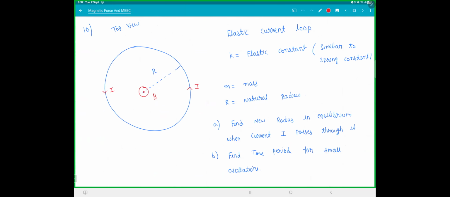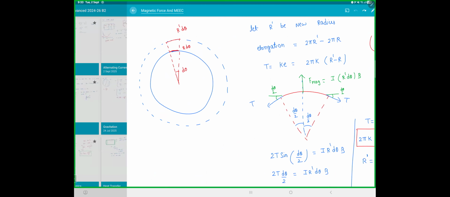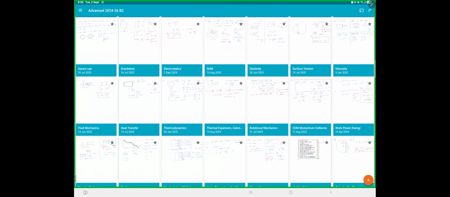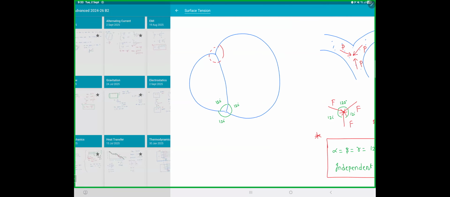There was a question where some current is going, and you saw d theta by 2. Here I also wrote, refer circular motion page 65. This is for your seniors' notes. We did this recently, last month only. These things will keep popping up. So that's what I'm saying: whatever you're finding difficult, it is fine.